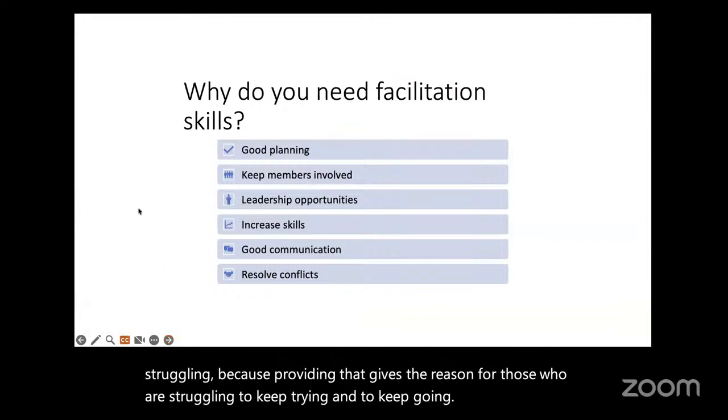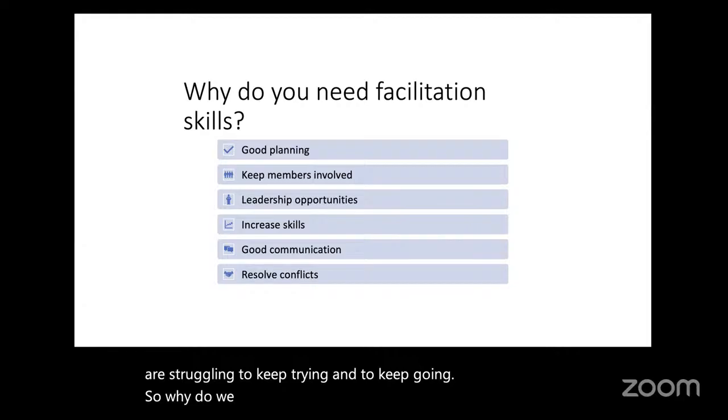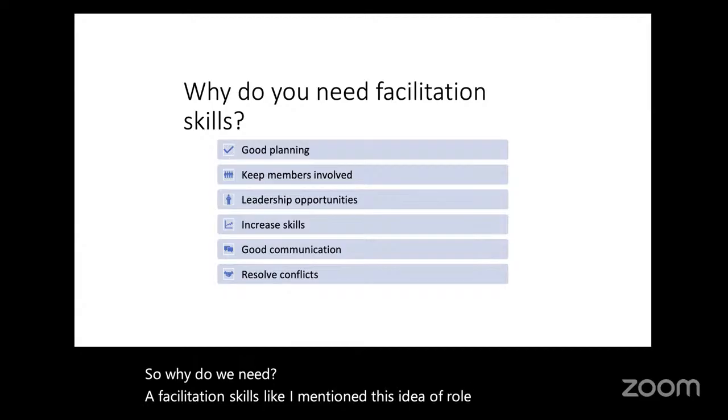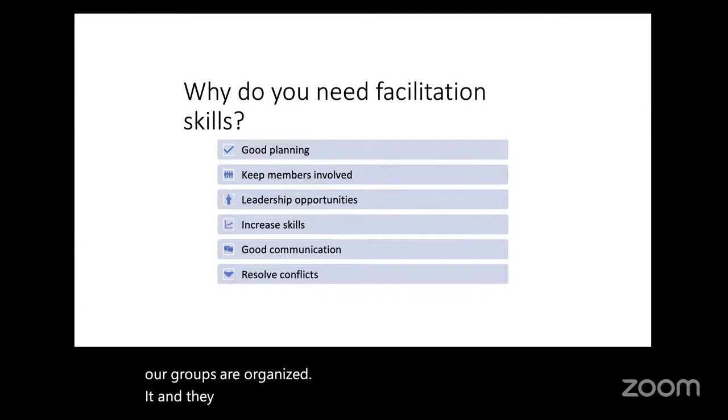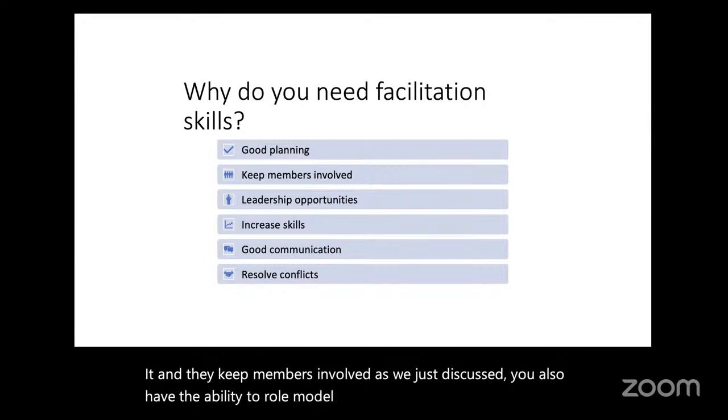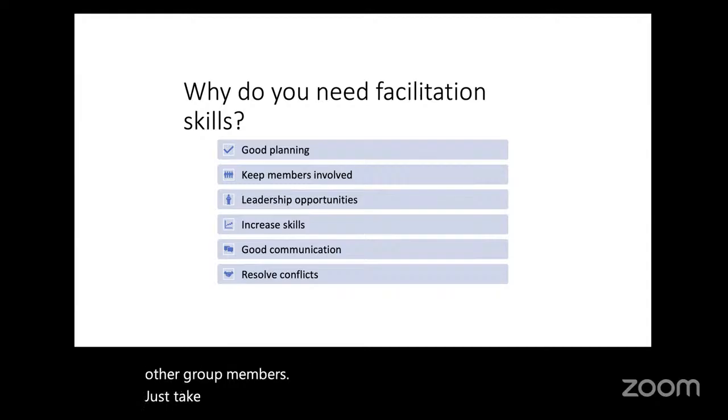So, why do we need facilitation skills? Like I mentioned, this idea of role modeling. Okay. While the facilitation skills help us so that we have good planning, that our groups are organized, and they keep members involved, as we just discussed, you also have the ability to role model leadership skills and then encourage other group members to take on those skills.